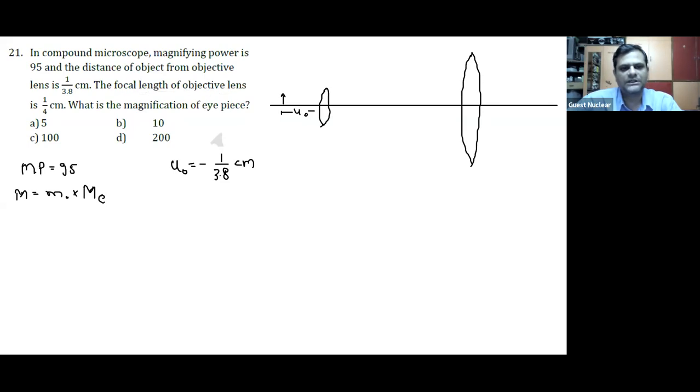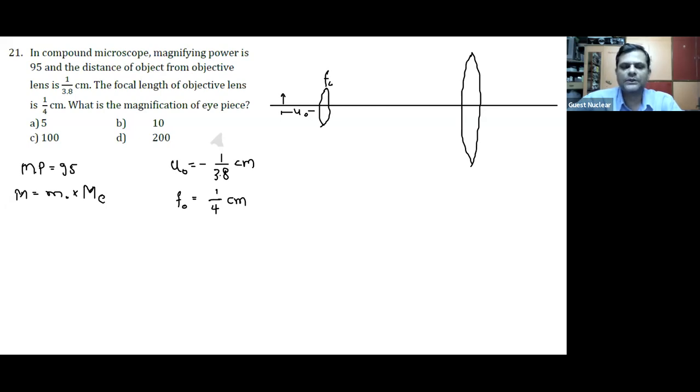Yes, that means we can just get this FO here. Objective का जो focal length है तो वो भी हमको दिया हुआ है already. FO we can just say it will be 1/4 centimeter. And since both of them are given in centimeter, you are not to worry about the units.